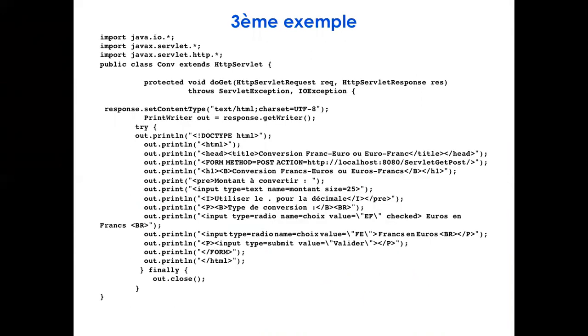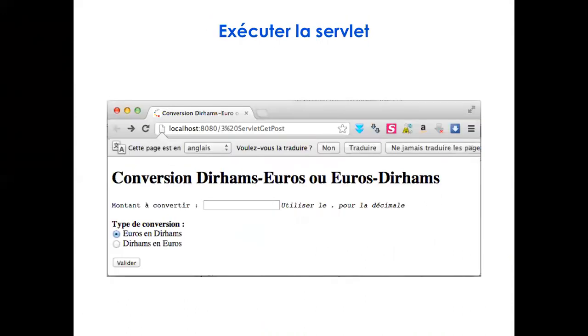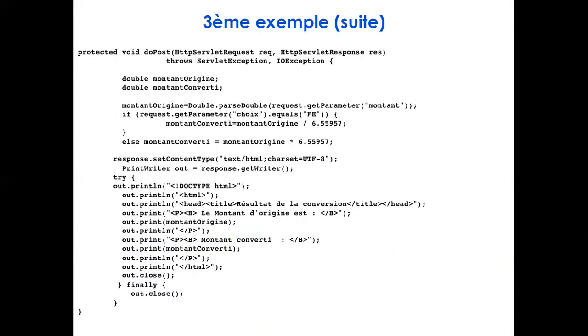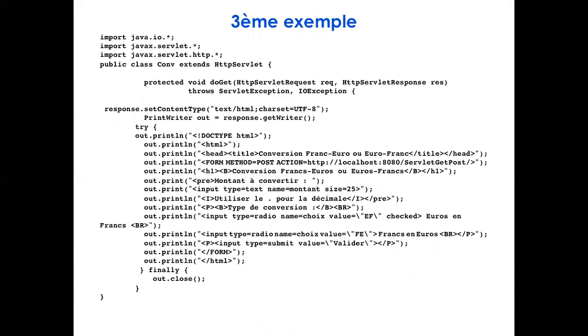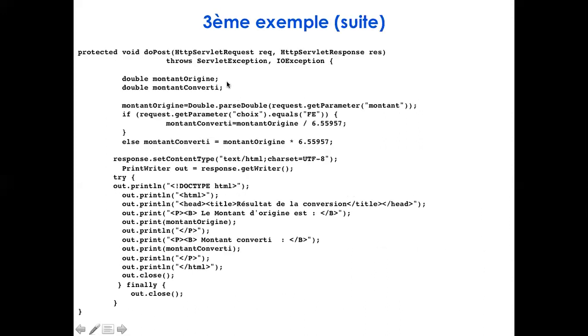All right. The next example is, as you can see here, that in this example we have no HTML file. How could this be done? If you pay attention, this is a servlet called conversion that contains not only the doGet but also the doPost.